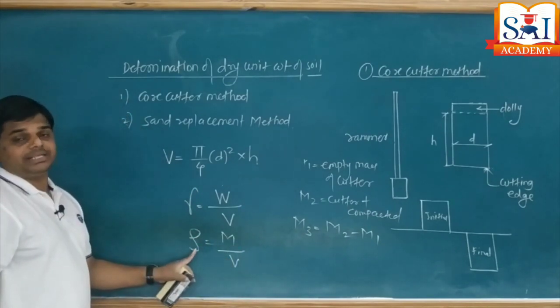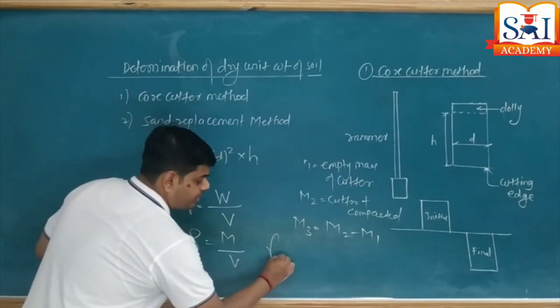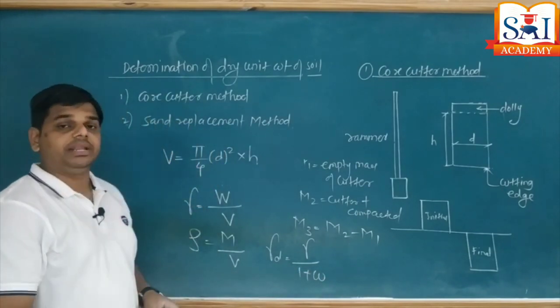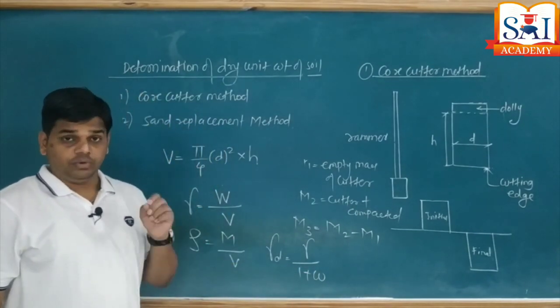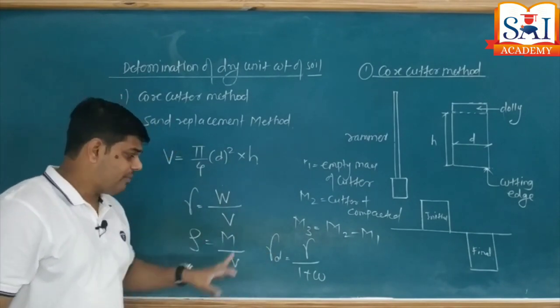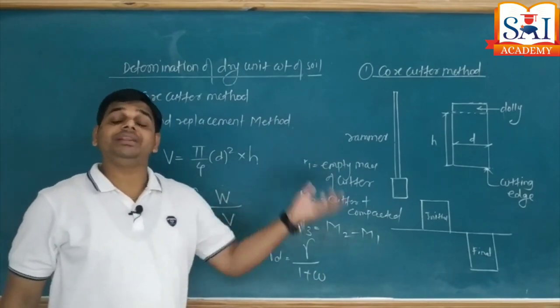Once we get the bulk density or bulk unit weight, find the value of dry unit weight by using gamma upon 1 plus water content. So this is the technique to find out the dry unit weight on field. Now we have the value of dry unit weight and the value of water content. Now compare these values with the laboratory results.